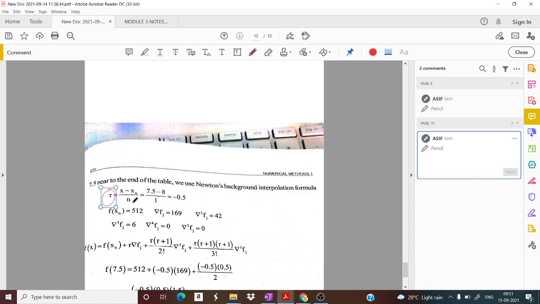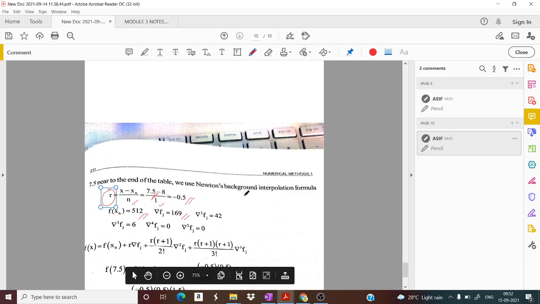R is x minus xn divided by h. Here x is 7.5 minus 8 by 1, that is minus 0.5. Xn is 8.